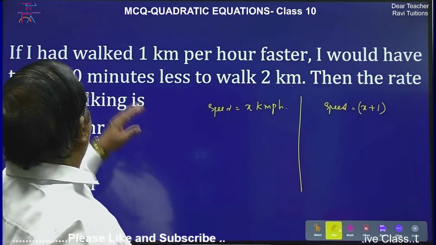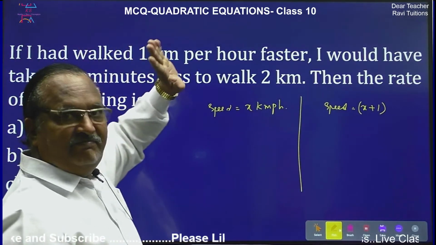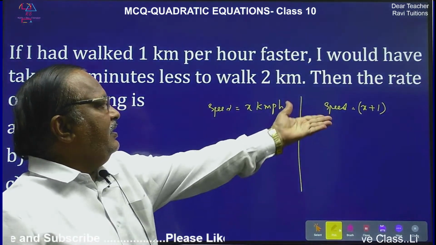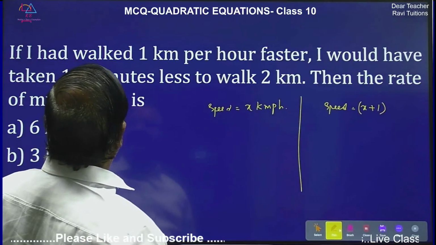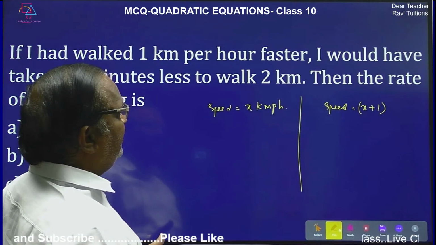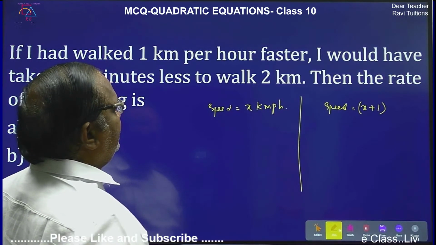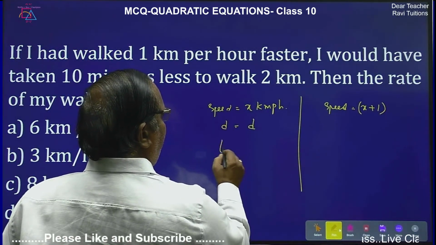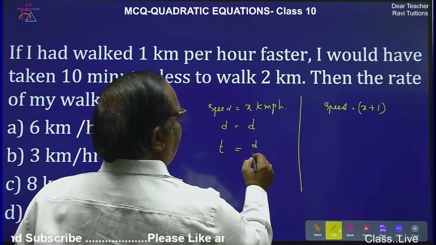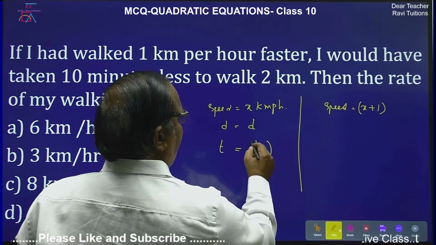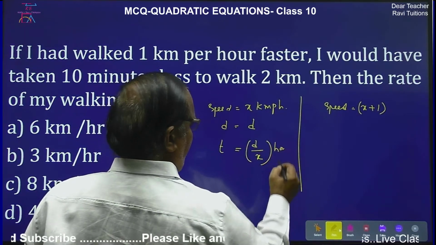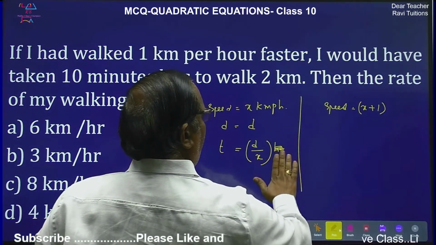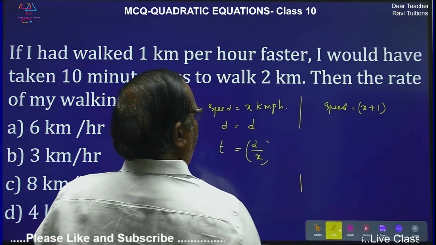If I had walked, if means this is the original, 1 kilometer more. So then I would have taken 10 minutes less to walk 2 kilometers. So here distance is some distance only. Now time is equal to distance by x hours, sorry, minutes.